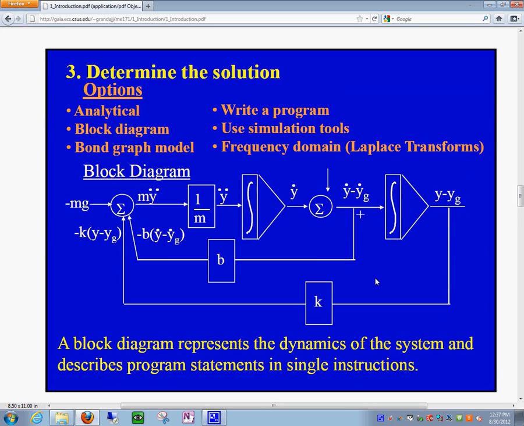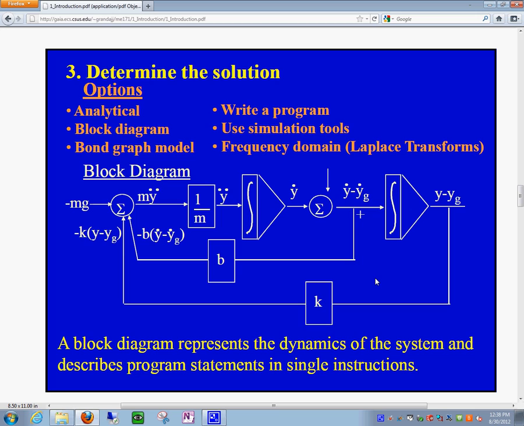What is the solution? What will determine the solution? You have several options in here. You can do an analytical solution, which would be almost like a prescription for the solution of simple systems, but you know, we don't live with simple systems, we live with normal systems, so that won't work.